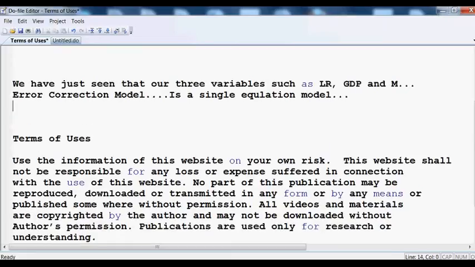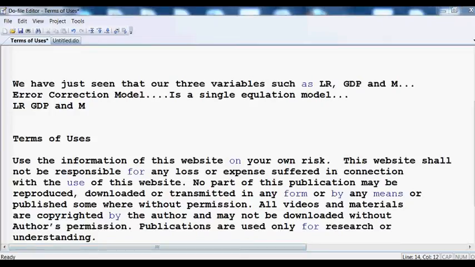And here LR should be the dependent variable, and GDP and money supply would be the independent variables. So we can develop the model now.